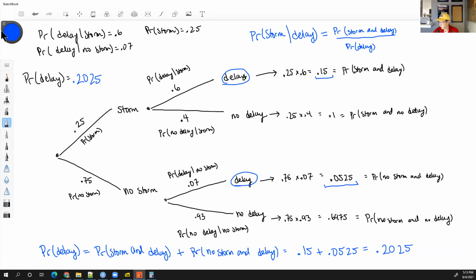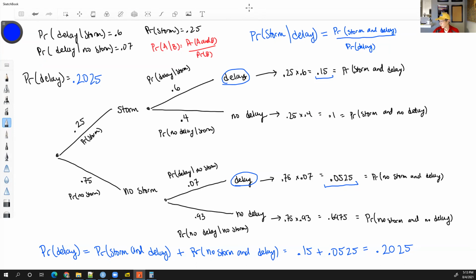Because the definition for a conditional probability, sorry, this slide is a bit of a mess, but A given B is equal to the probability of A and B divided by the probability of B. This is just the definition, from an earlier slide. And here, the probability of storm given delay is going to be storm and delay divided by the probability of delay.